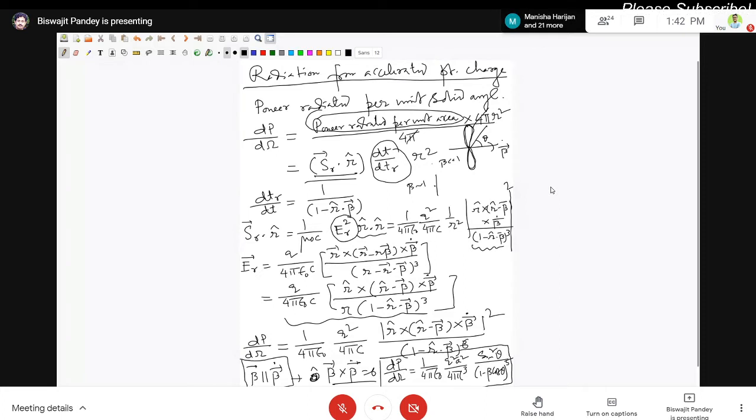So this is beta dot, and the distribution is in the form of a cone. This is two-dimensional. It is actually a cone, and when beta is almost around 1, the entire radiation is basically confined in a narrow cone in the forward direction, parallel to the direction of the acceleration. So this is the distribution of the radiation from an accelerated point charge for collinear velocity and acceleration.